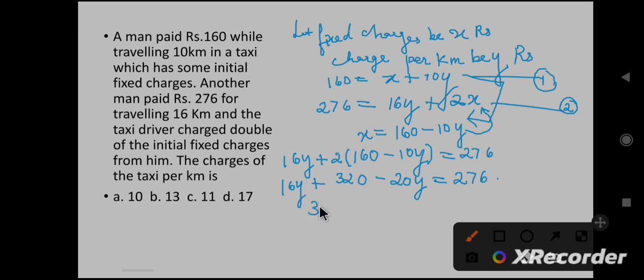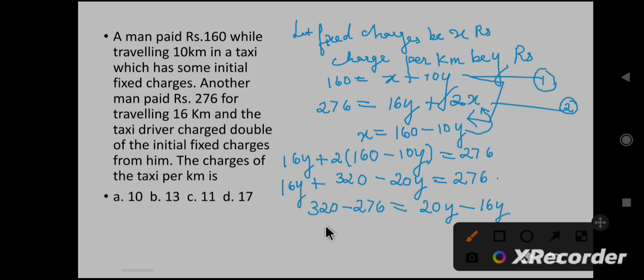So 320 minus 276 equals, minus 20y goes to the right side and becomes plus 20y, and plus 16y goes to the opposite side and becomes minus 16y.